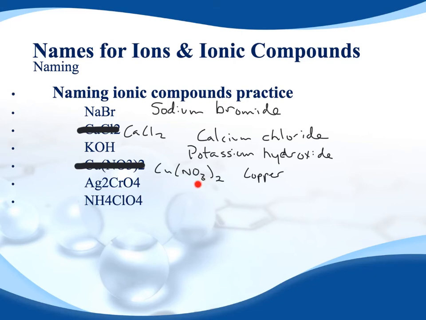Well, a nitrate ion, if you check your table, has a -1 charge. You got 2 of them, so that means that you've got a total of -2. The copper has to have a +2 charge, so we're going to include that as Roman numerals. And we finish it by just naming the polyatomic ion, rule 5. Okay, so that one's called copper(II) nitrate.